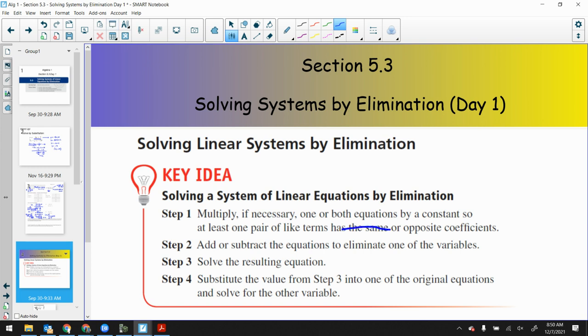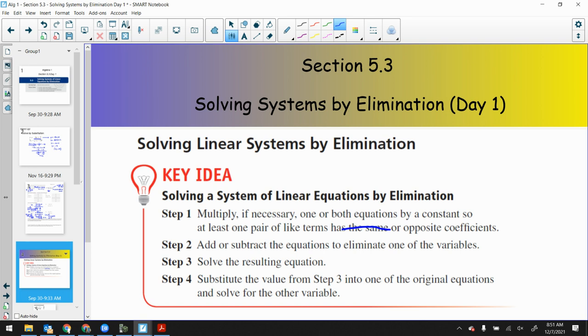And I'm not even going to say the same anymore. I'm going to say the opposite coefficients. What does that mean? You're looking for coefficients that are opposites, like 5 and negative 5, both on the x's. 10 and negative 10, both on the y's. 7 and negative 7, both on the x's. 20 and negative 20, both on the y's. You're looking for opposites. That's our goal.